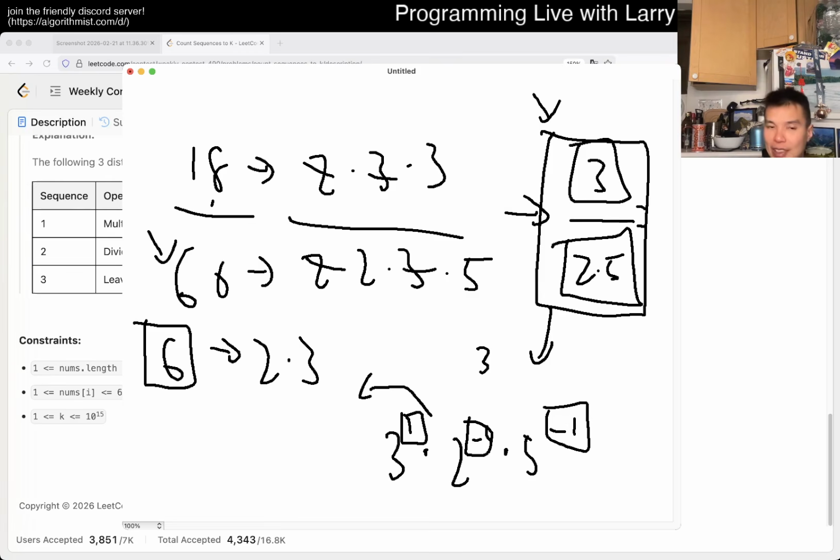That means that you have one contribution to each, meaning that you could add or subtract the exponents. And in the 2 case, you can actually go up to 2 to the 2 for 4, right? As a result, now you just keep track of the exponents for 2, 3, and 5.